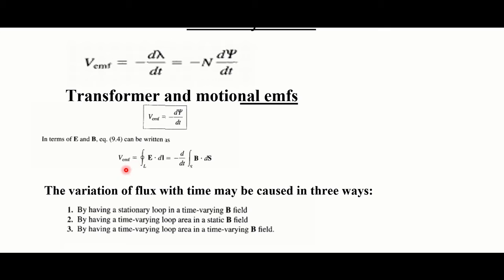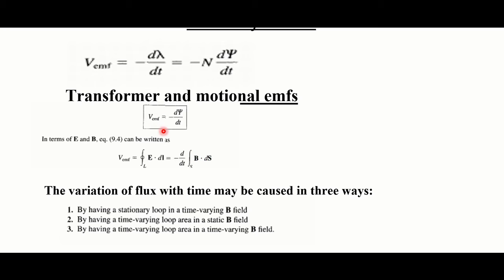From the electrostatic field, we already know the relation between the potential or EMF and the electric field intensity: the EMF is equal to the integral of E dot dl. From the equation above, the EMF is also equal to minus d by dt of the flux, and from the magnetostatic field the flux is the integral of B dot ds.